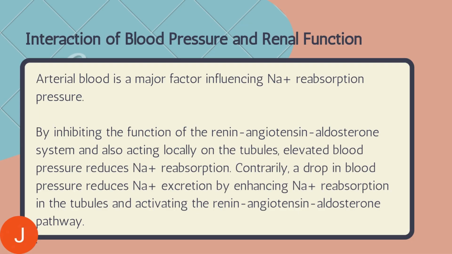Arterial blood pressure is a major factor influencing sodium reabsorption. In a recent article, we talked about how arterial blood pressure acts as a signal for crucial reflexes that affect sodium reabsorption and involve the renin-angiotensin system and aldosterone. Now, we want to emphasize how arterial pressure locally affects the tubules.